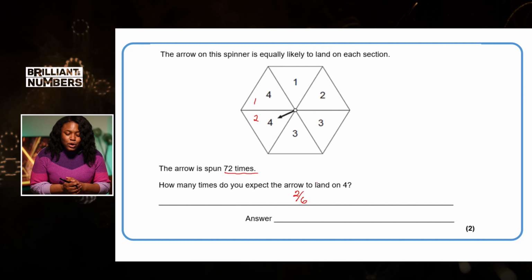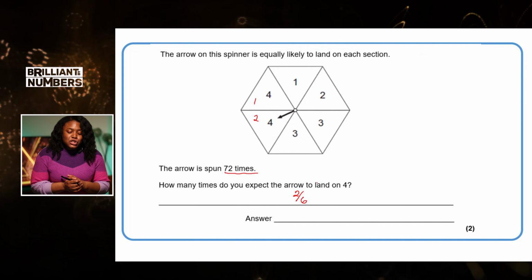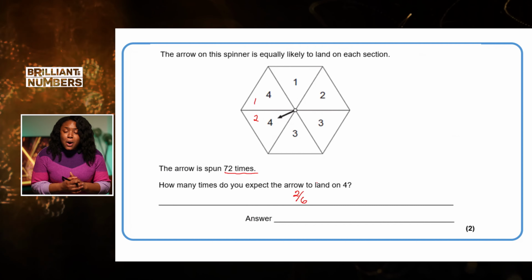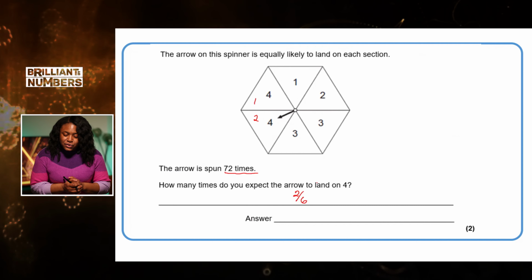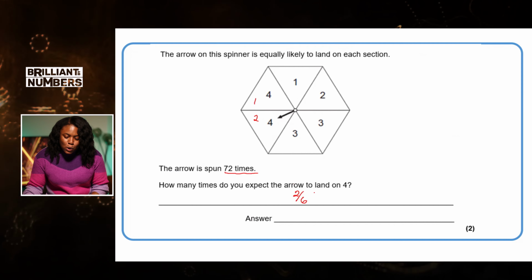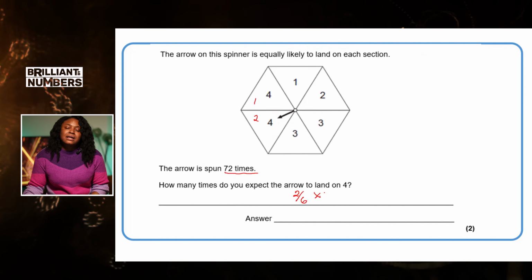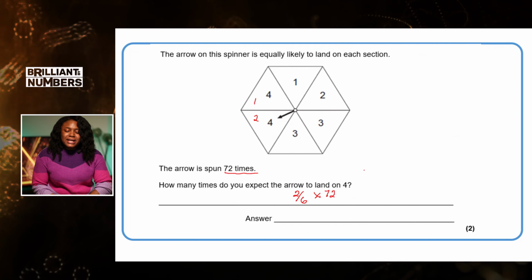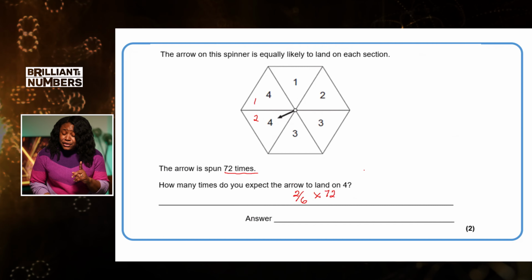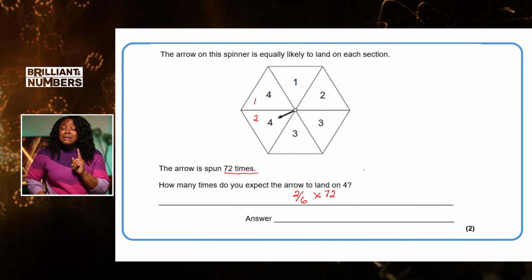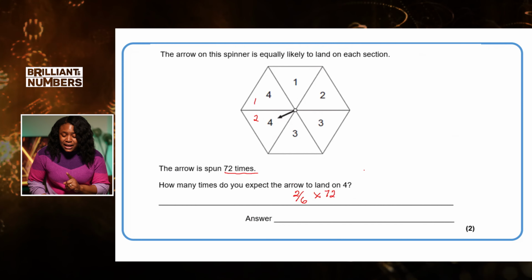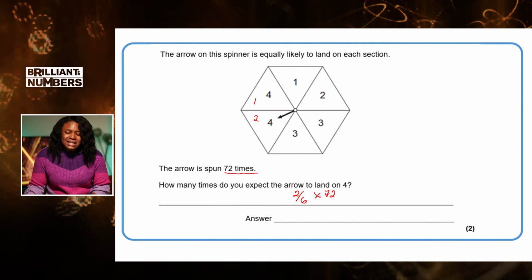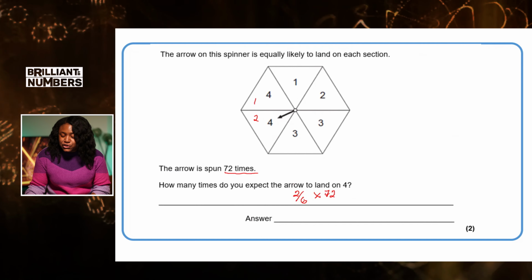So the relative frequency will be 2 over 6. Now we can see the question told us this was spun 72 times. Therefore, the number of trials is 72. So all I need to do is to multiply my relative frequency times my number of trials. Now, if this is a non-calculator paper, then your knowledge of your times tables would have helped you severely here. So let's go. I need to divide 72 by 6 and then multiply the answer by 2.